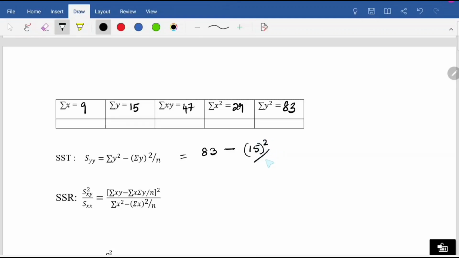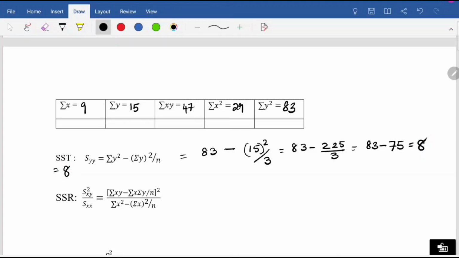So 15 squared is 225, divided by 3 is 75. So 83 minus 75 is 8. So the value of SST is 8.